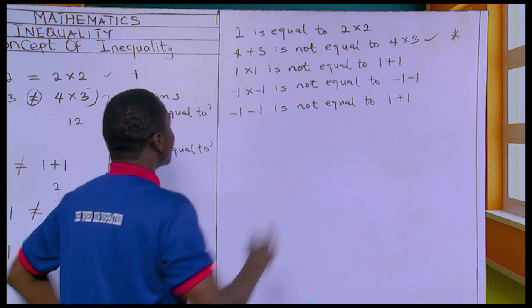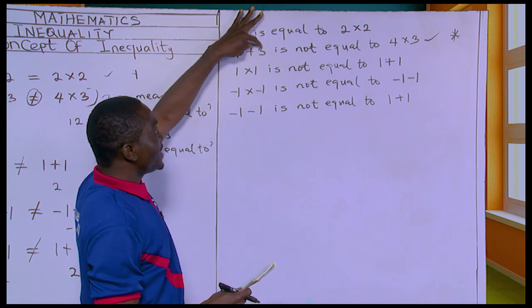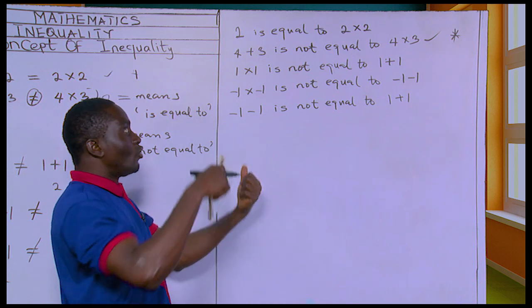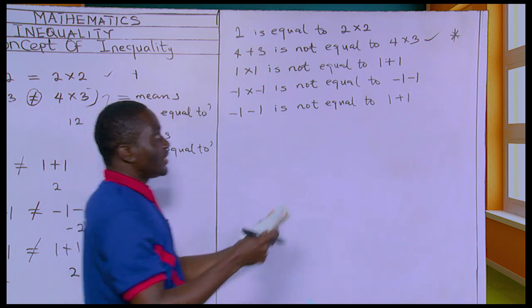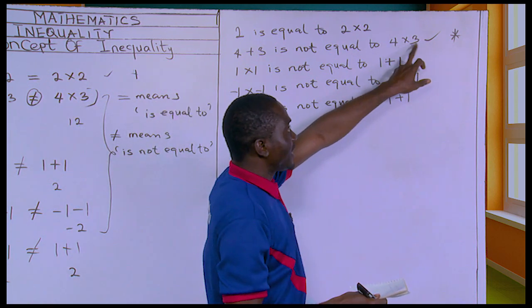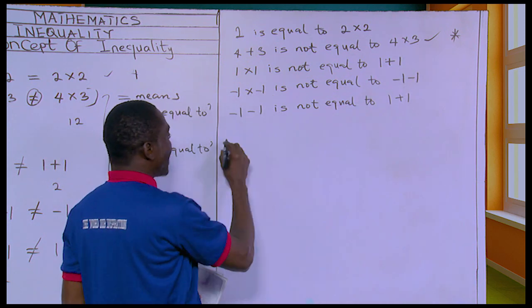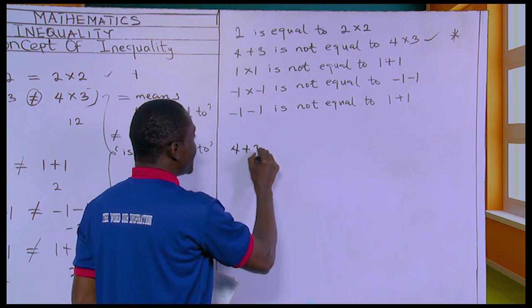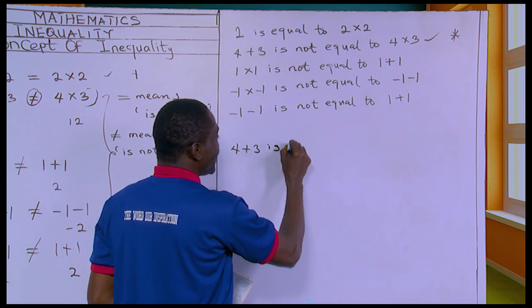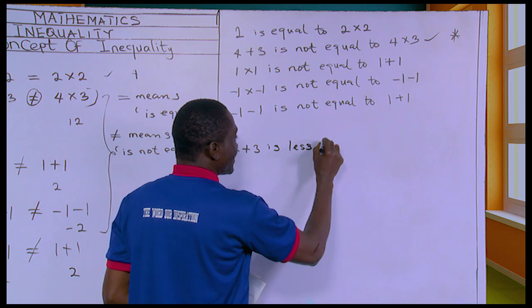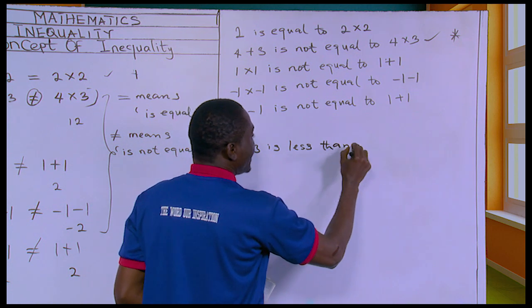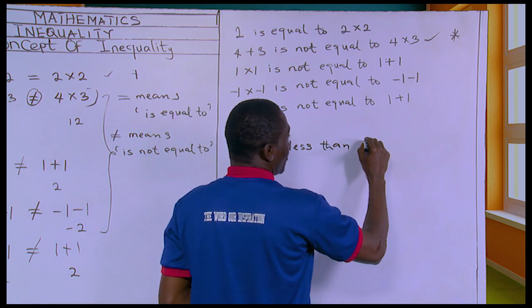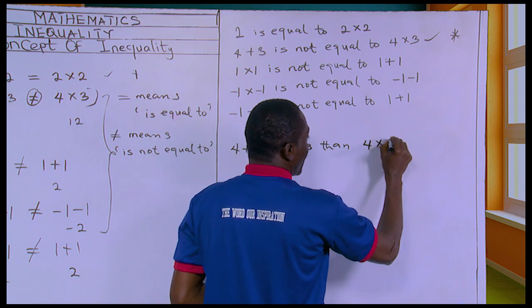The reason is that 4 plus 3 is lower in value than 4 times 3, which can be written as 4 plus 3 is less than 4 multiplied by 3.